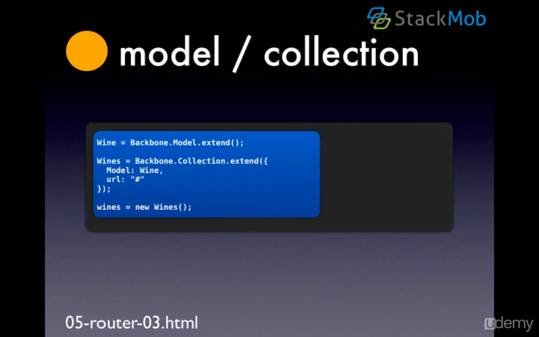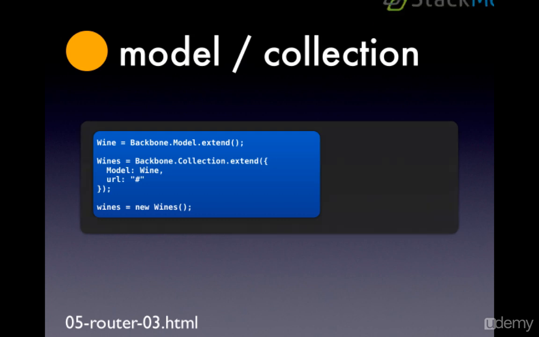And now let's go to router example 3, because this is where we're actually going to put this all into practice, where we're going to create a new wine and add it to our collection. So we've defined our wines and our model, we've defined our collection, and we've defined our new instance of wines.